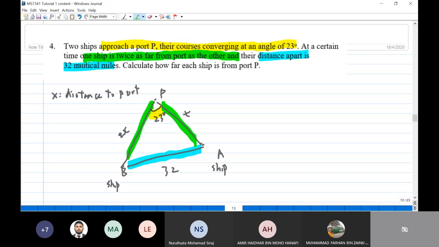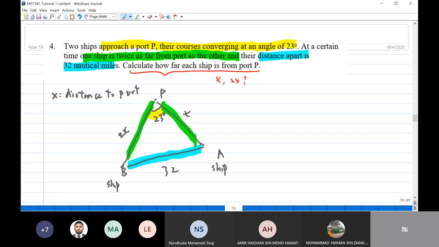Okay, then the question is, how far are the ships from the port? So basically, what you are looking for is what is x equal to? 2x equal to the distance. Okay, so how do you solve this triangle now? You know that you only have sine law and cosine law to work with, right?